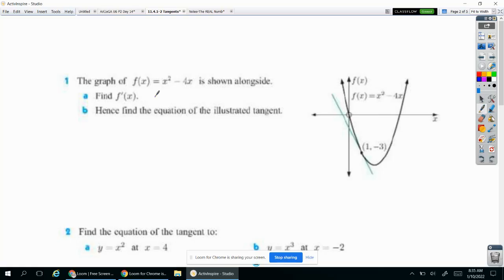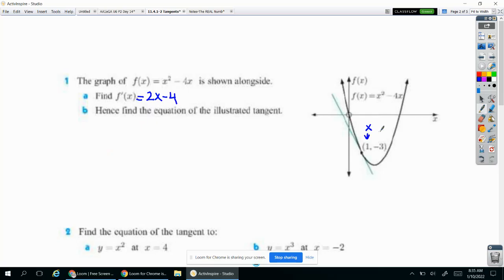Problem number 1, graph of f of x equals x squared minus 4x is shown alongside. Find the derivative of f of x. So the derivative of x squared is 2x, derivative of minus 4x is minus 4. All right, now we already have the point of contact. It's right here.